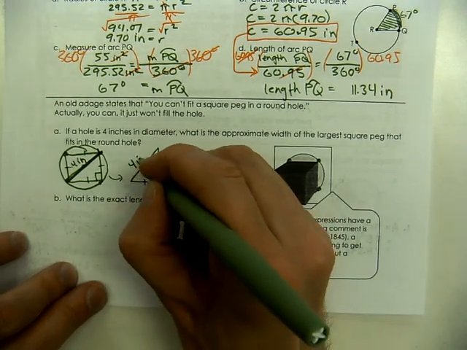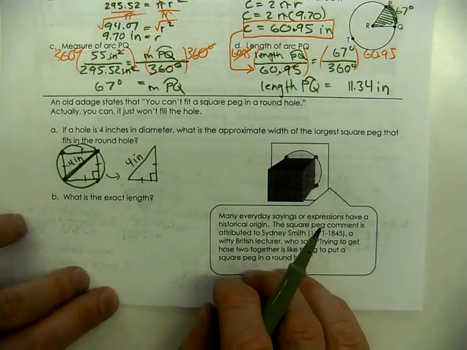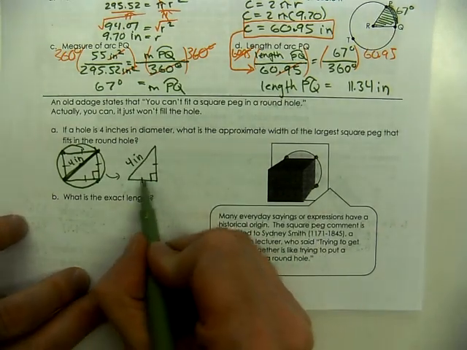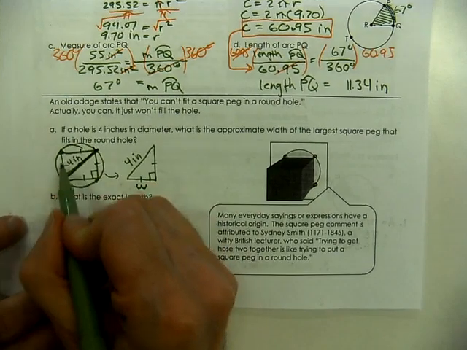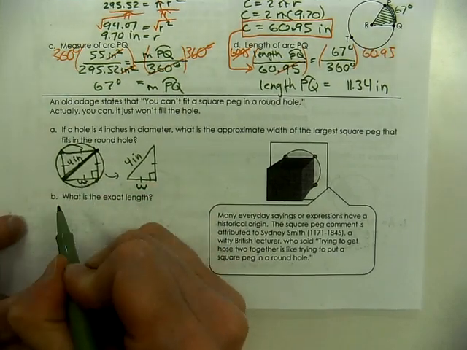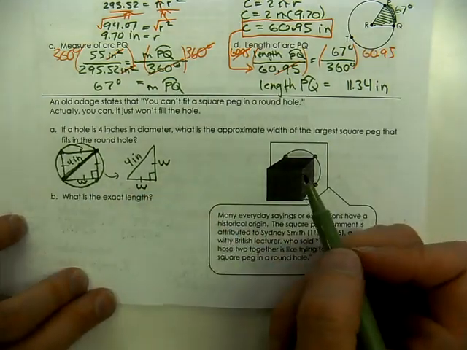You have a right triangle with a hypotenuse that is 4 inches. So what we're asking is, what is the width of the largest square that could fit inside that circle? How wide is that? It's also the same as the height, right? That's also the same size.